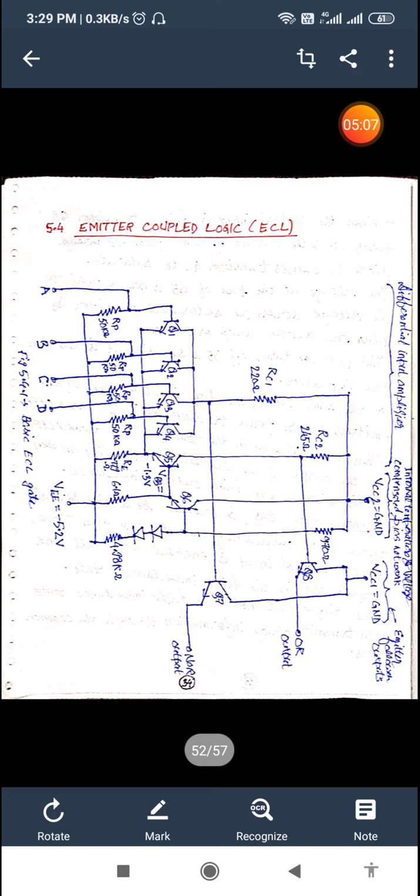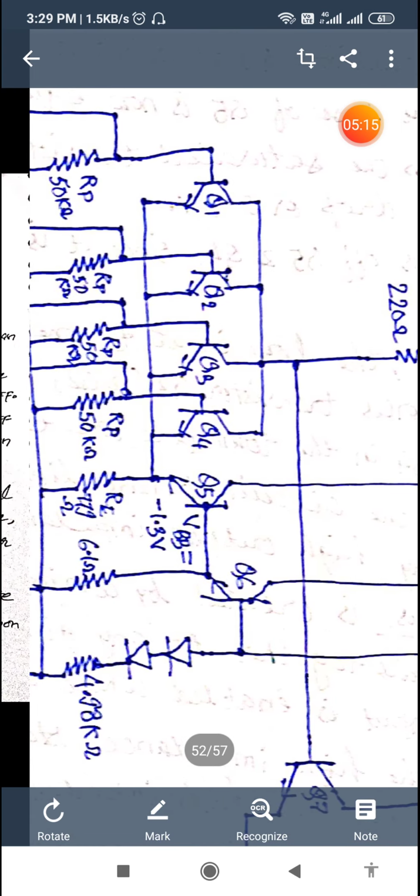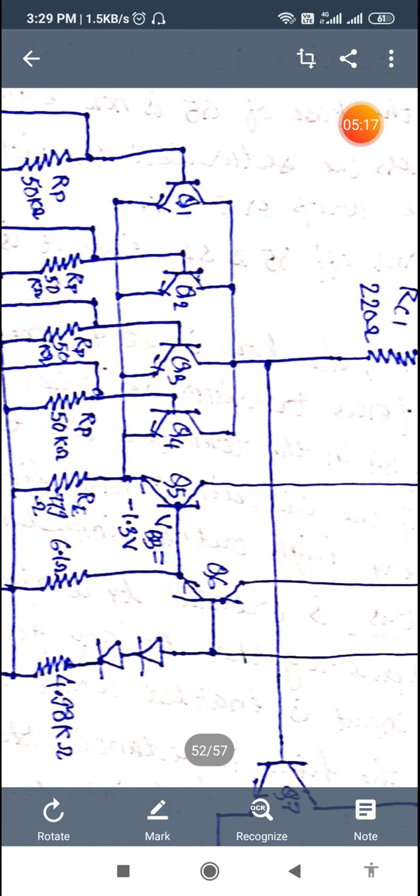Now, since VBB is equal to minus 1.3 volt, the base voltage of Q5 is only 0.3 volt more positive than its emitter.